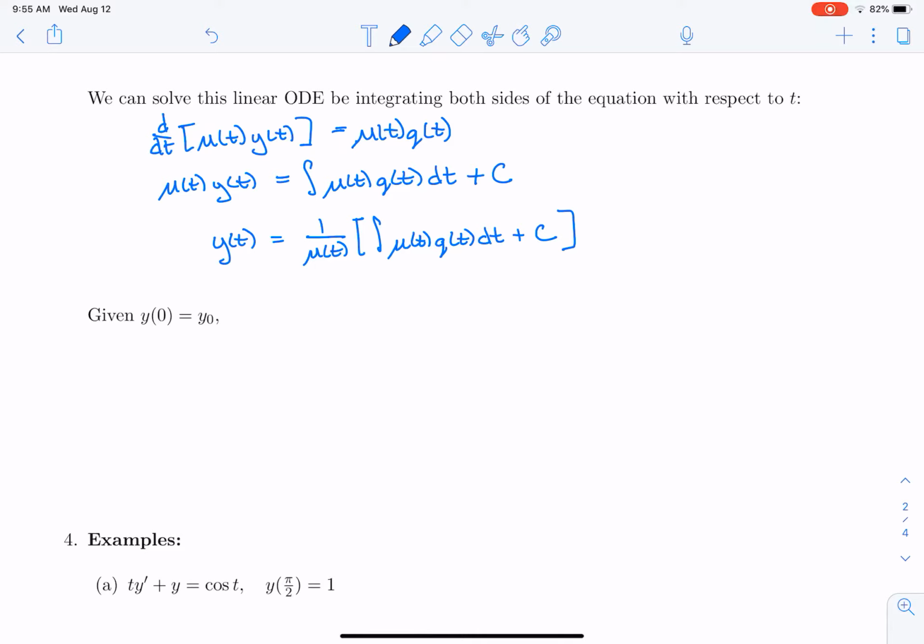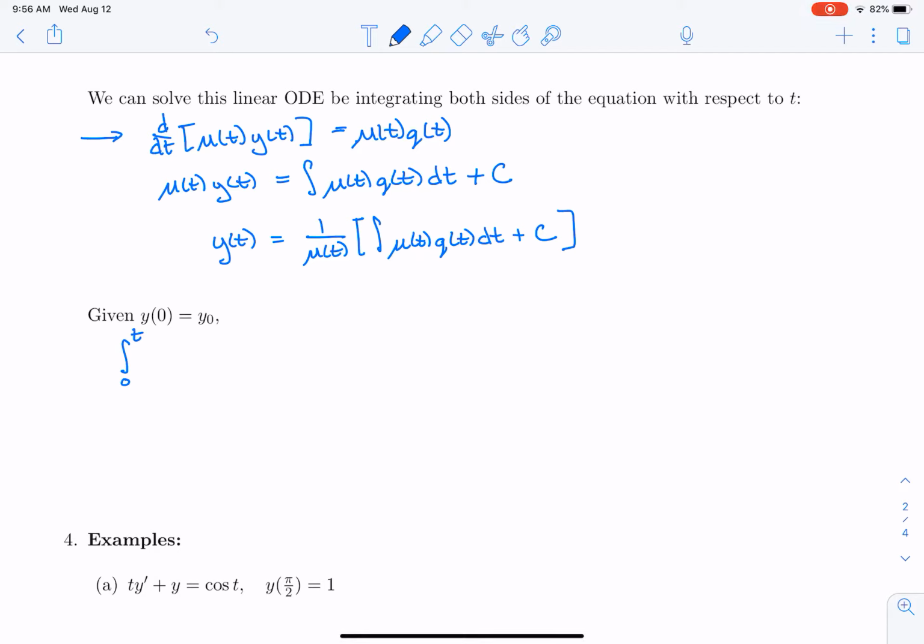Okay, oftentimes though, we're going to be given an initial condition. And if we're given an initial condition, there's a nice way to carry out this step right here, which is to integrate both sides. So I'm going to integrate from 0 to t.